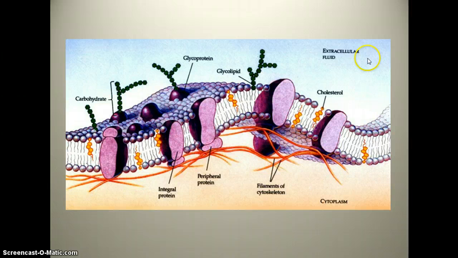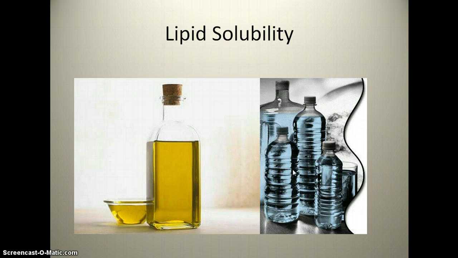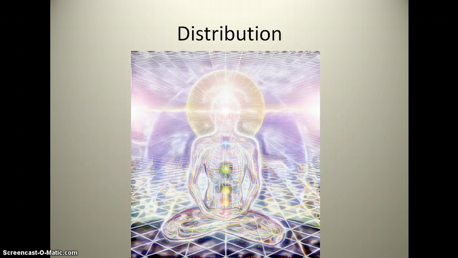Now the way that drugs go through these phospholipid bilayers, they have to be very lipophilic. So what that means is that they love fat, versus hydrophilic, like loving water. If drugs are lipophilic and they're really, really small, like physically small, they'll get into the brain.